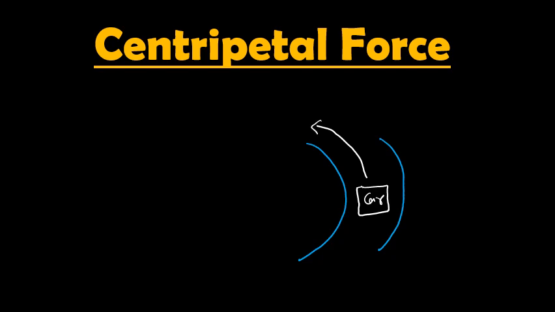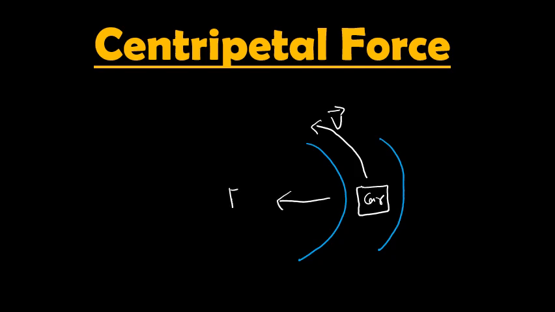Now, dear student, consider an example where a car is moving on a circular path of a road. Suppose this is a car, and it is moving in a circular path with a velocity v on a road.